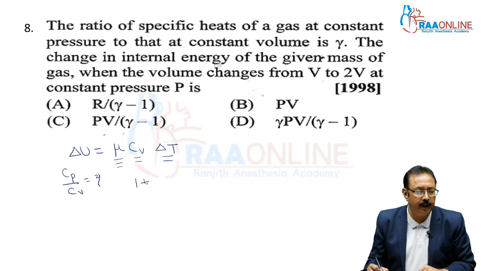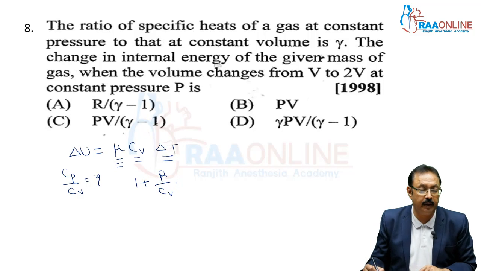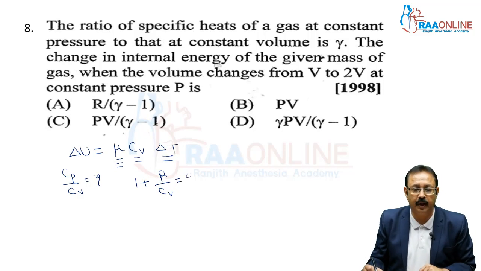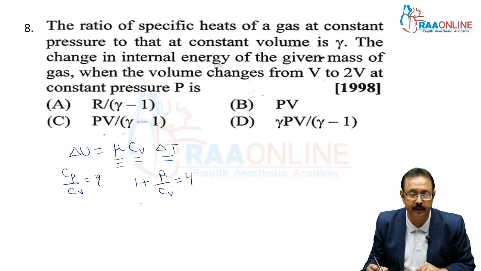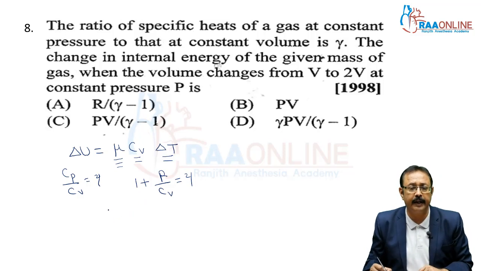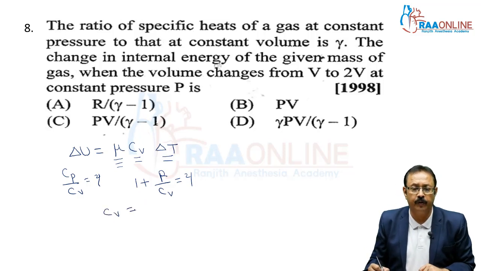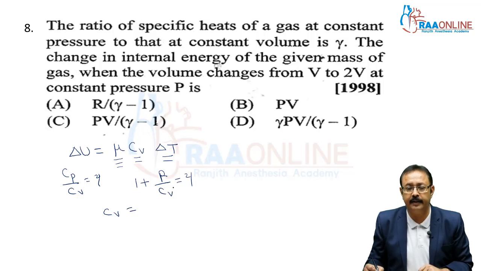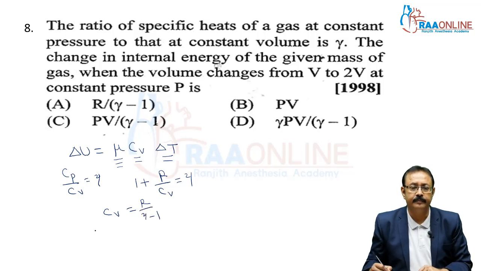And we know that 1 plus R upon Cv, you know Mayer's formula, is also gamma. So we can calculate Cv. Take this one on that side, so you will get Cv is equal to R upon gamma minus 1.